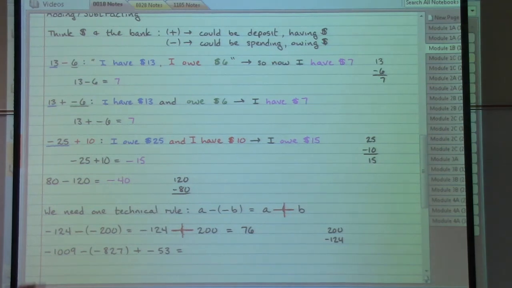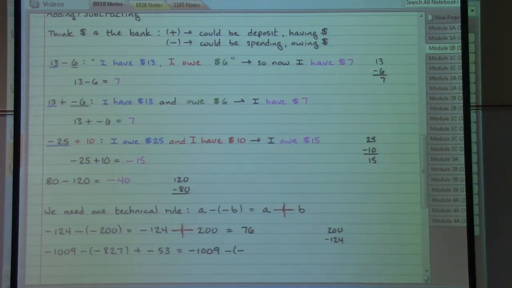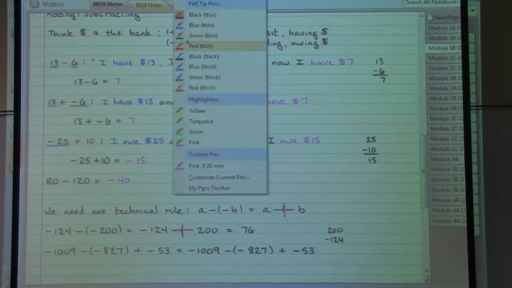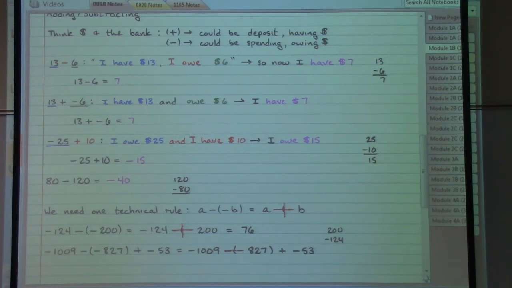Reading through the next example, we also see the minus, parentheses, negative as we are reading it to ourselves. So copying things down and converting that minus, parentheses, negative, what we would be looking at doing is combining it into a big old slap me in the face plus sign.